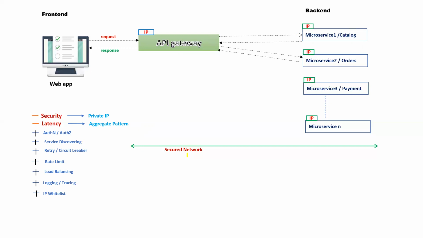So the IP addresses related to those clients or applications should not reach your microservices, because you are validating the IP whitelist concept in the API gateway. So these are some of the features we have in the API gateway, which securely connect to your microservices and get a response back to your app.